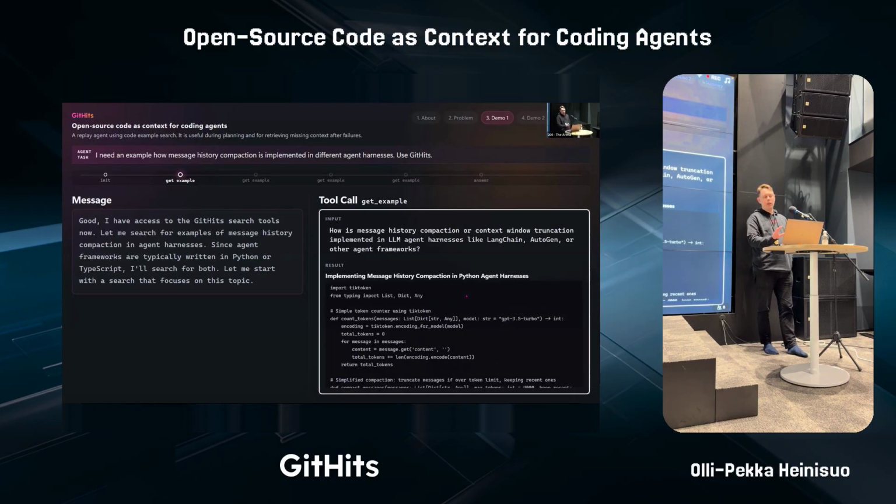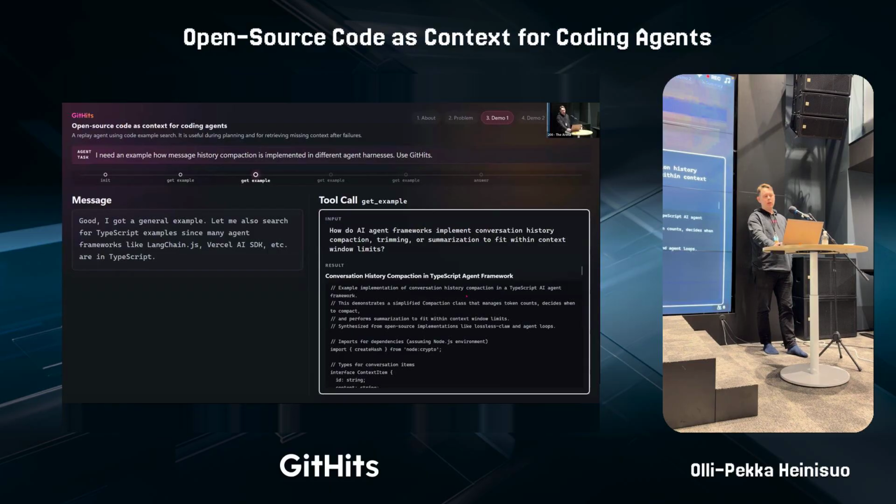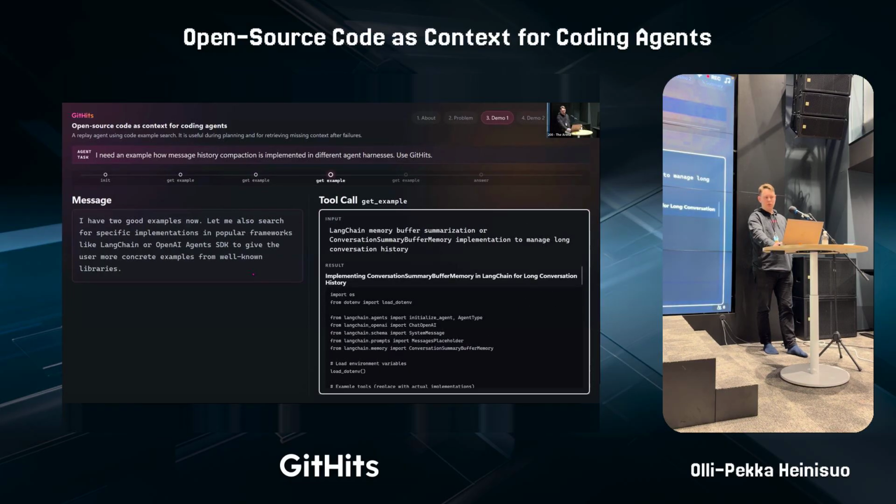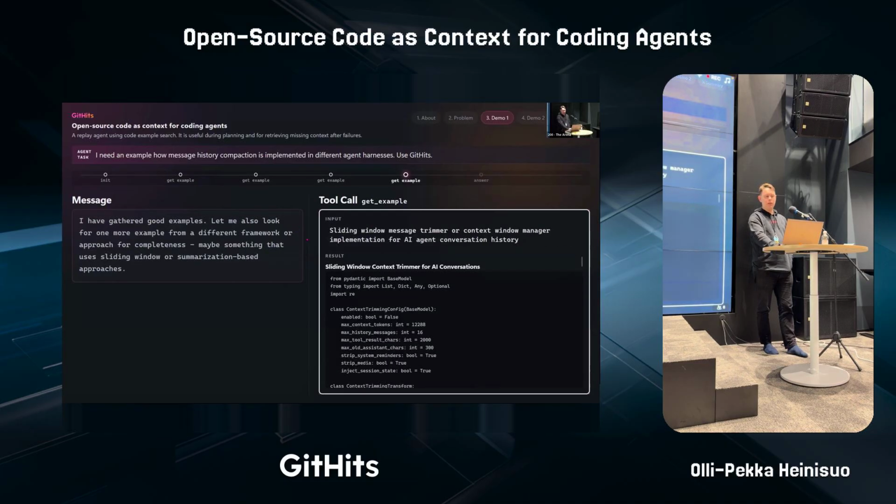In this session, the agent decides to call GitHits 4 times. It wanted to look at how the LangChain JS version does the compaction. Then it decided to get the context for LangChain memory buffer, and finally it decided to study how sliding window message works.